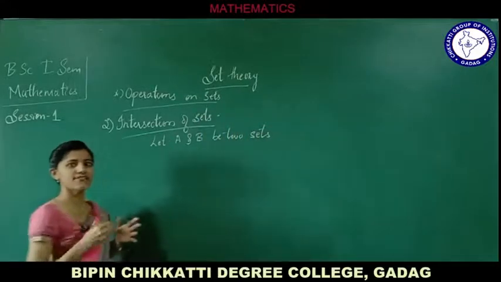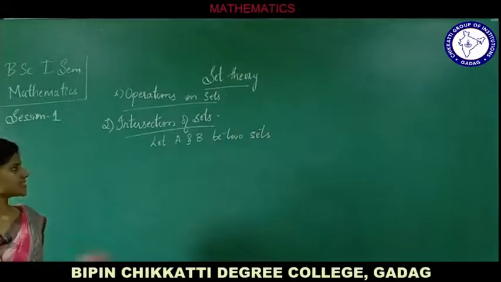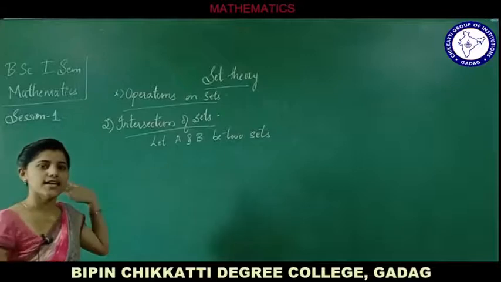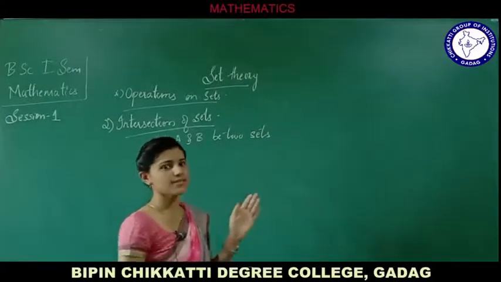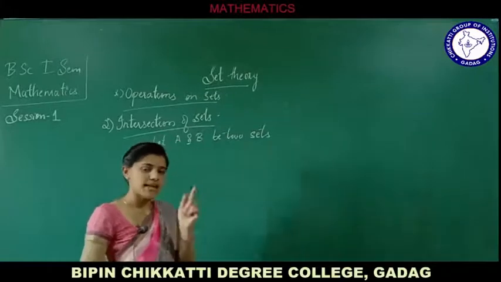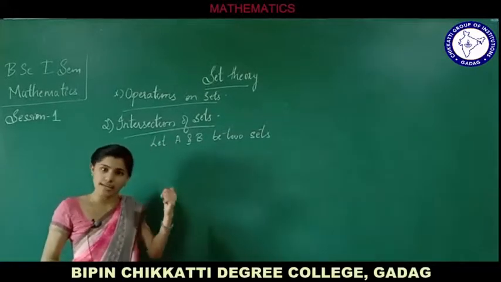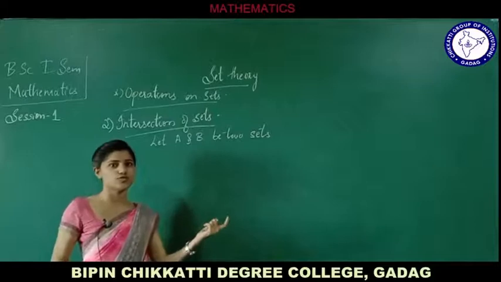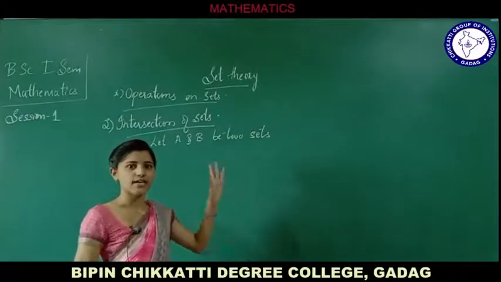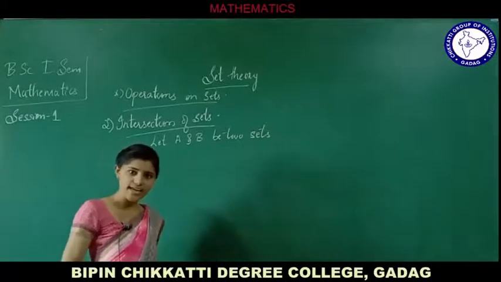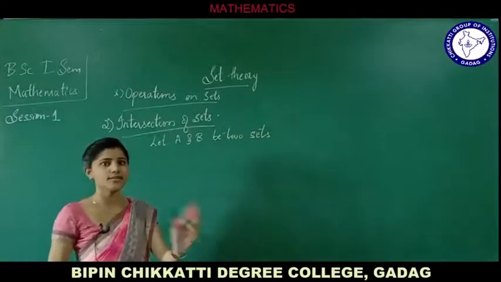Then how can we define intersection of sets? Intersection of sets is that the elements should belong to both set A and set B. Just keep in mind that there we used either A or B, but here in intersection of sets the elements should belong to both A as well as set B.